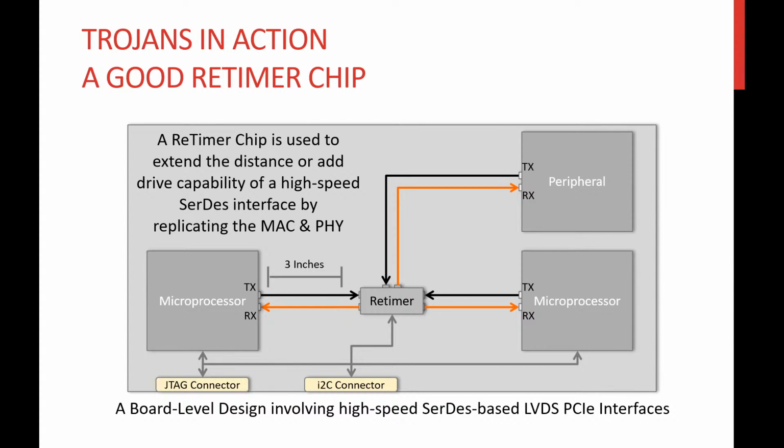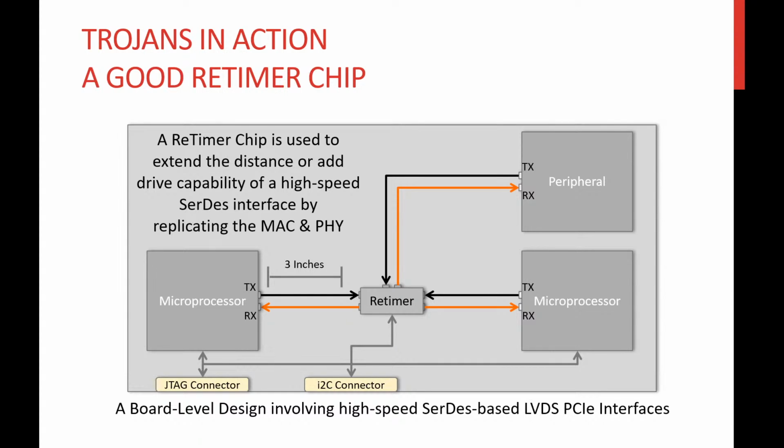This design shows 2 microprocessors that have a high-speed bus, usually a PCIe bus, but could be a USB port, a gigabit Ethernet port, or even a SATA port. And because of the physical distance between the devices, they use a retimer chip.